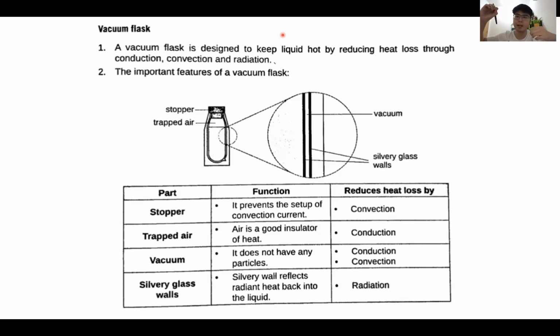When one particle vibrates, it's very hard to reach the second particle. So the transfer of heat becomes less efficient because of the spacing between molecules. They are very far apart. So that is why air is a good insulator of heat. Okay, so it reduces the heat loss by conduction.